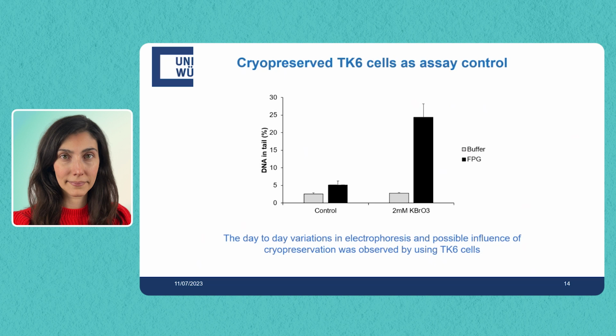As you can see, after thawing, in the buffer control and FPG, we could have acceptable day-to-day variations, and we could use these cryopreserved TK6 cells as positive control. We don't have any abnormal results. So we decided to freeze a lot of aliquots and run frozen assay controls in each experiment.